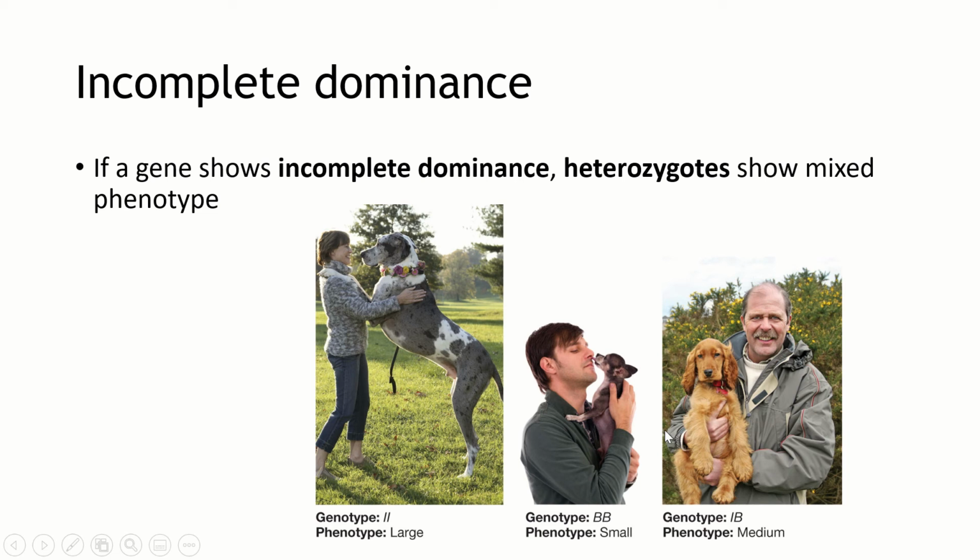So yeah, there's logistics involved that blow my mind. But anyway, any of these dogs can breed together. Okay, anyway, so that's incomplete dominance, where the heterozygotes show a mixed phenotype, or a phenotype that's halfway between the two extremes.